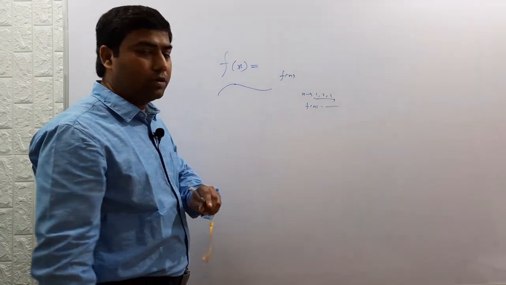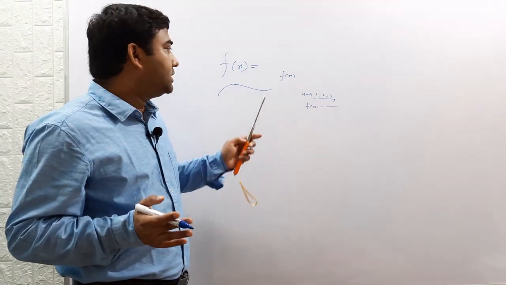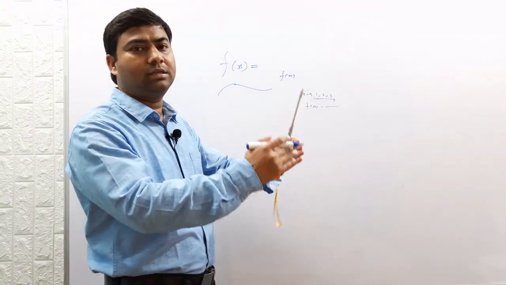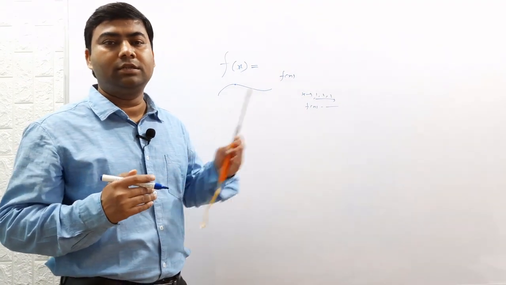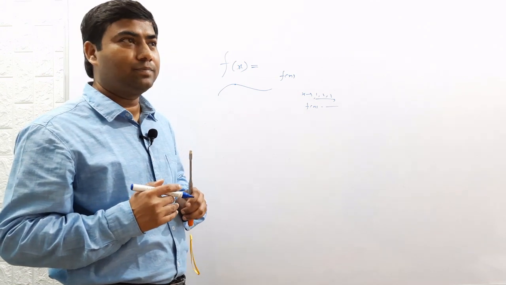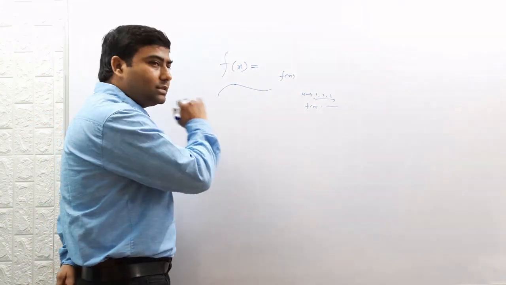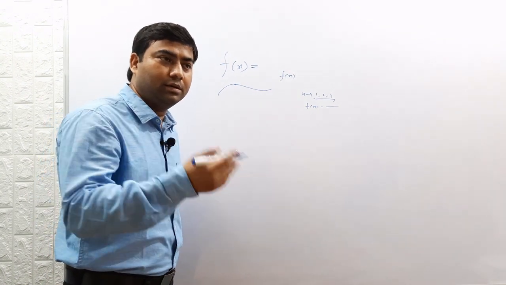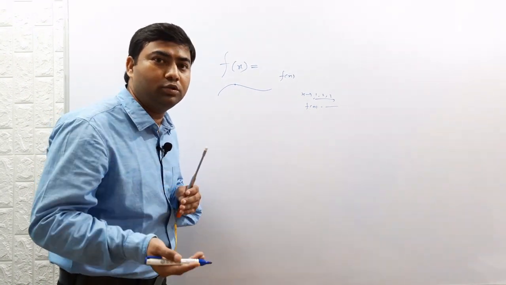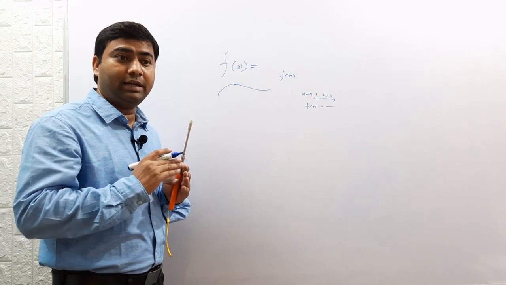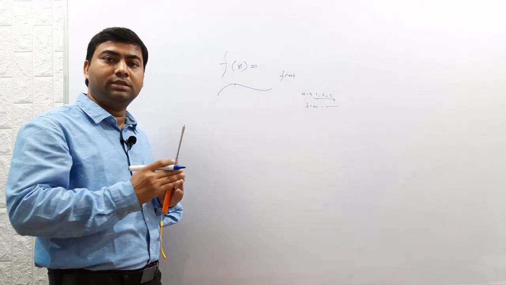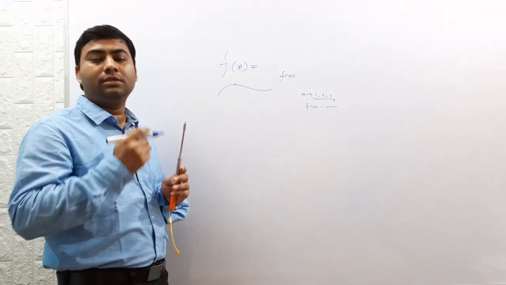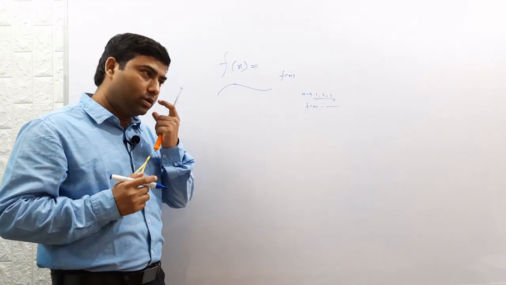Indirectly, when f(x) is proportional to x, it increases with x and decreases with x, then it is called an increasing function. And in reverse, when f(x) behaves opposite to x, that means when x is increasing, f(x) is decreasing, and when x is decreasing, f(x) is increasing, in that case it is called a decreasing function.